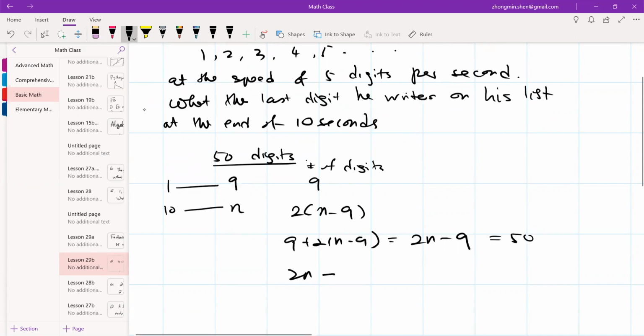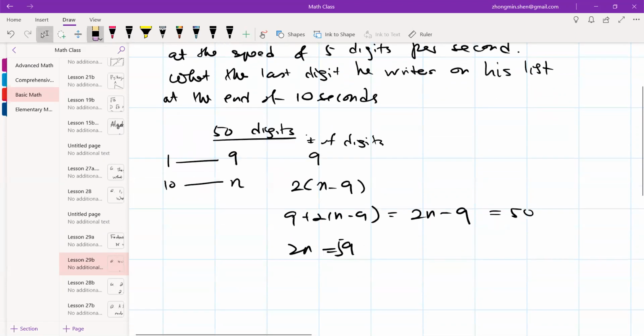So you get 2n minus 9 equals 50, hmm, you get 59. Of course, it's not divisible, okay? So n is 59 divided by 2, so it's 29.5.